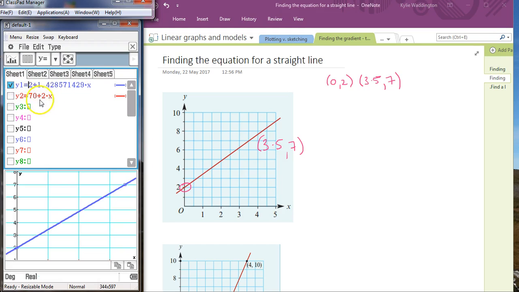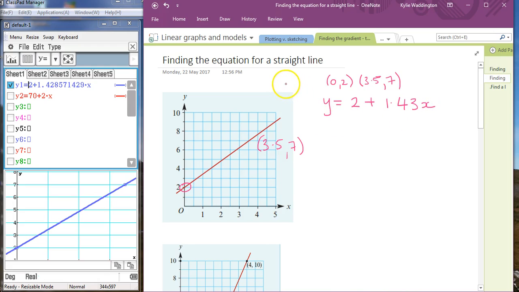Now this equation in red is actually from a previous problem and hadn't been cleared. So we then just write the equation as being y equals 2 plus 1.43x.